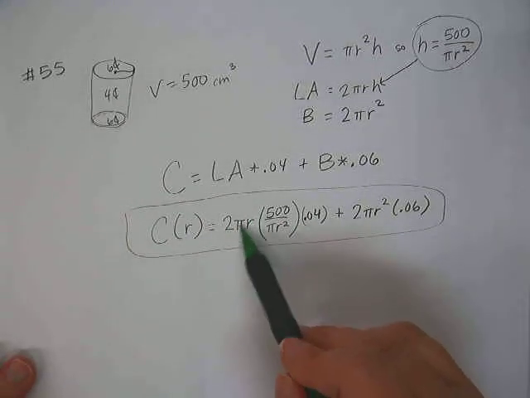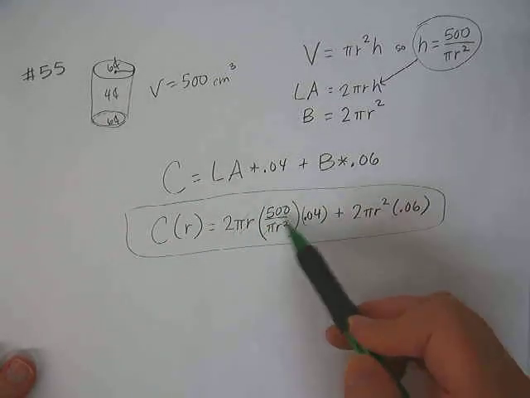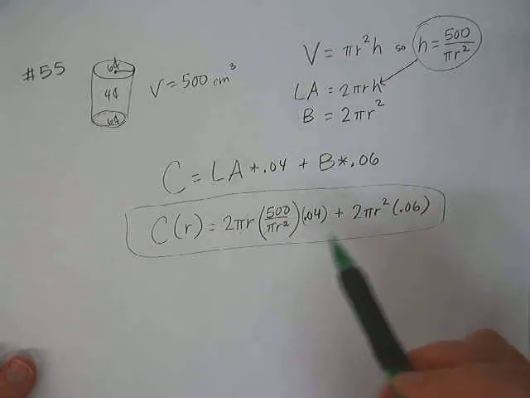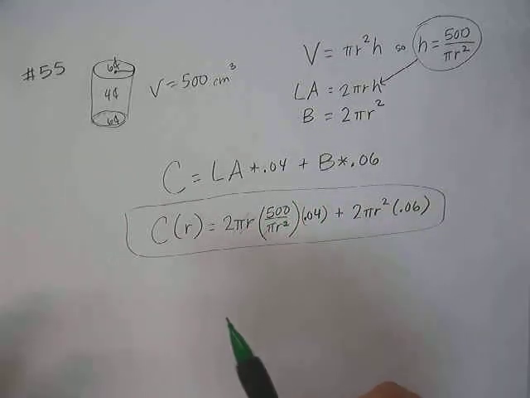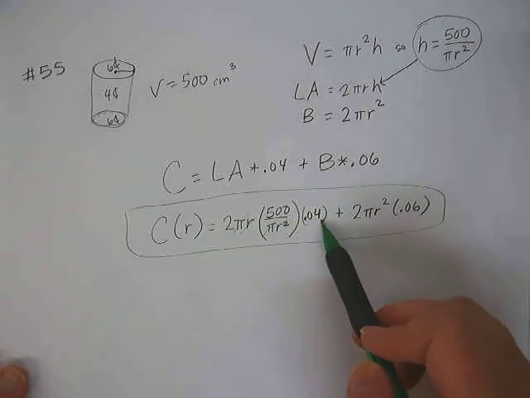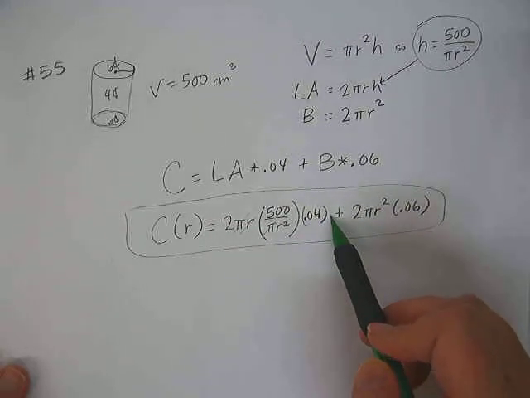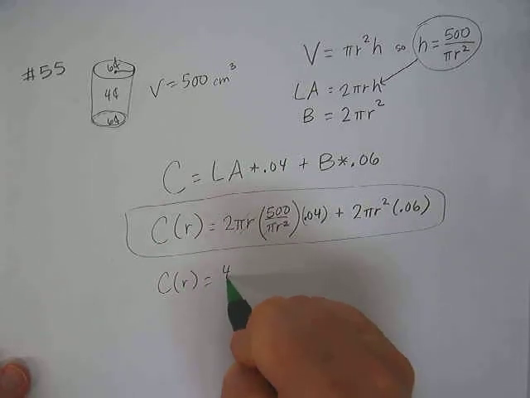They might want you to simplify it a little further. For instance, on this one you can cancel out the pi and get rid of one of the r's on the bottom. You can go 2 times 500 times 0.04. So 1,000 times 0.04 would be 40.